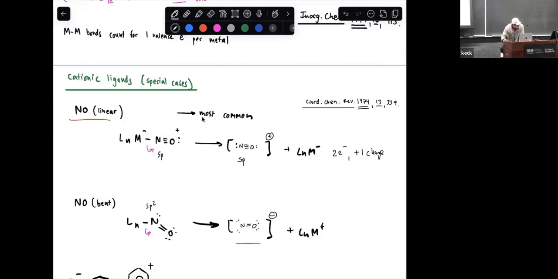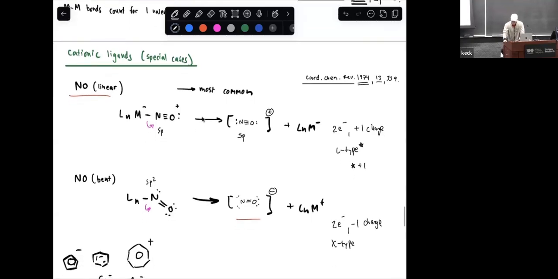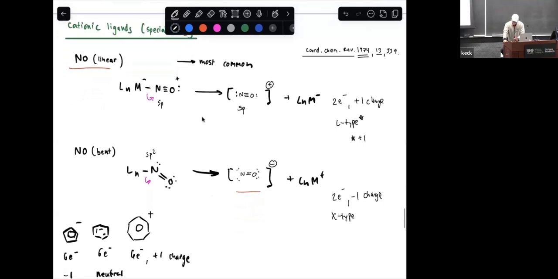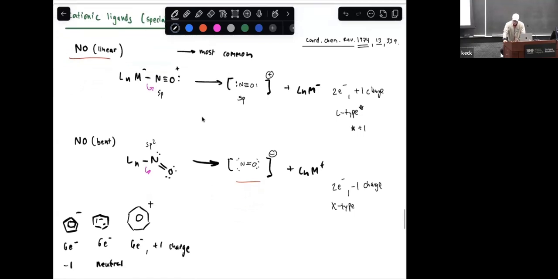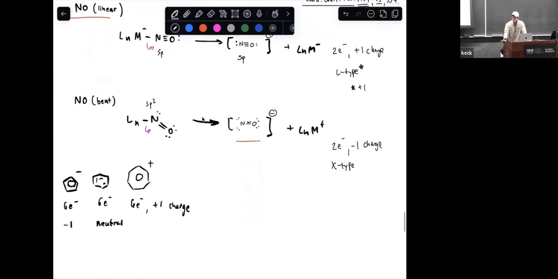And indeed, you can then get to 2 electrons, minus 1 charge. This one you count just like an X-type ligand, whereas above you count it like an L-type ligand with the asterisk, and the asterisk is that it brings this +1 charge. Okay, we'll see examples of this. If it's a little confusing now, I can answer questions after we go through an example.